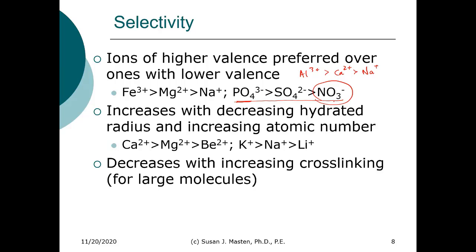Another issue with selectivity is that it increases with decreasing hydrated radius and increasing atomic number. So if we look at the periodic table, we have hydrogen, lithium, sodium, potassium, rubidium, cesium, and francium.